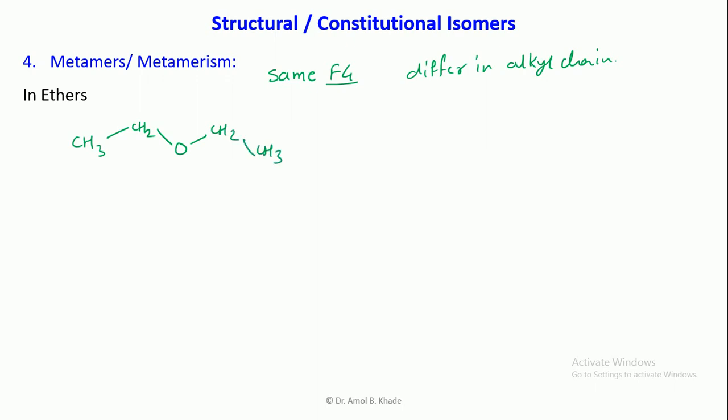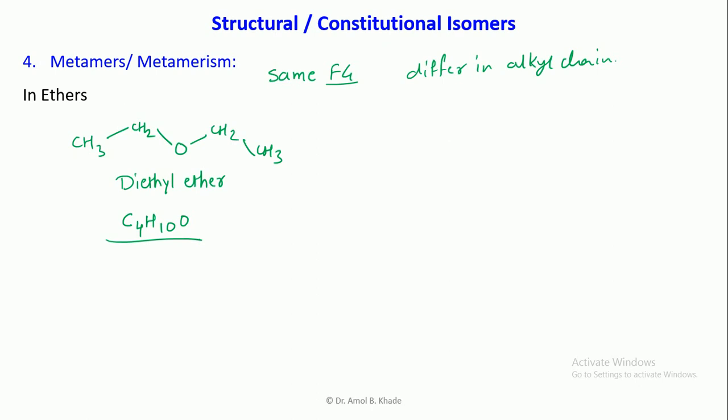What is this? This is diethyl ether. Now can we arrange this compound in a different way? Count the number of carbons, 4 carbons, count the number of hydrogens, 3 plus 2, 5 plus 5, 10, and 1 oxygen. So this is the molecular formula for diethyl ether.